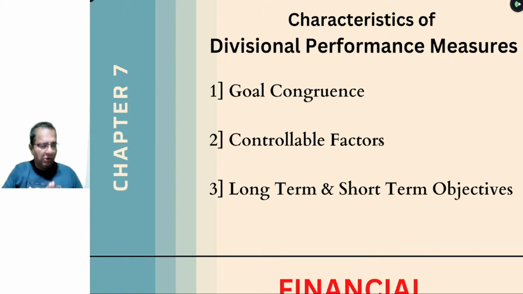Okay, so we are studying characteristics of a divisional performance measurement. Whenever you decide how we will measure the performance of a particular department, then what should be the characteristics of that performance metric, we are studying that point. Okay, give the heading, beta. Characteristic.